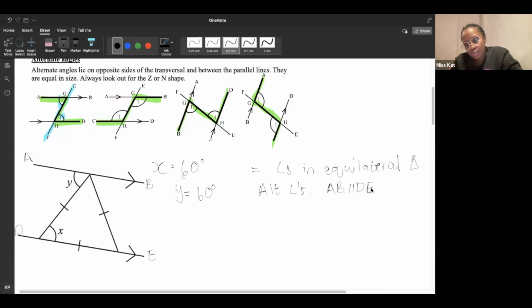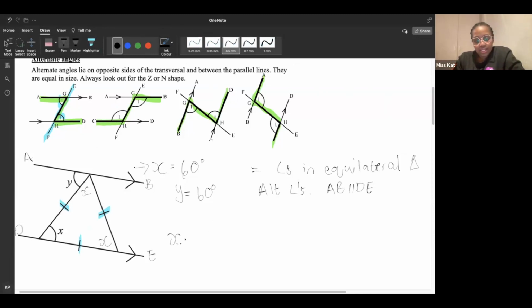I'm so glad that you knew that before I even said it. Guys, that is such an important piece of information. We have to state which parallel lines we are using. Fatima, we know it's 60 because it's an equilateral triangle. Look here. What do these little lines mean? Means the sides are equal, right? Now, a triangle with all three sides equal also has all three angles equal. So you can either just write this, or you can say if that one is x, so is that one, and so is that one.